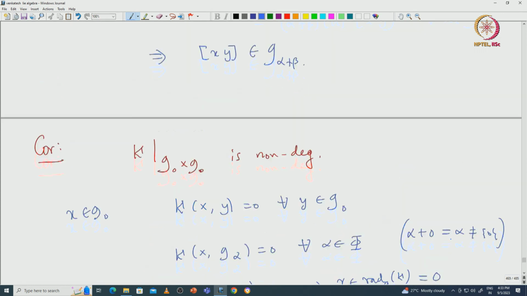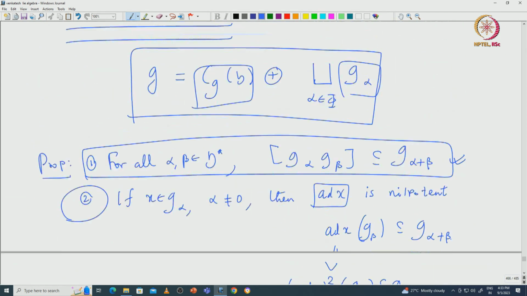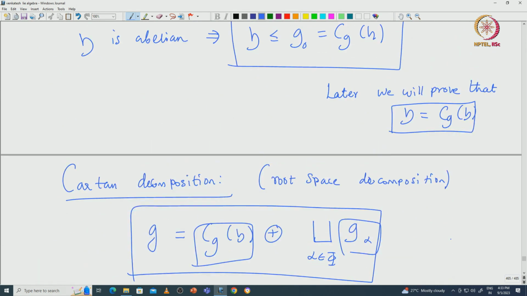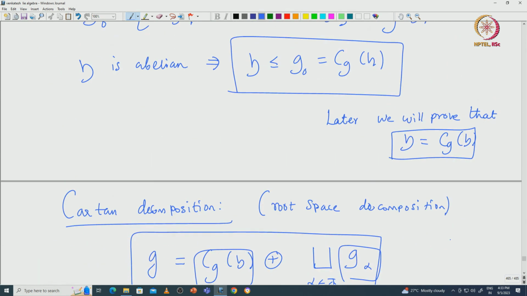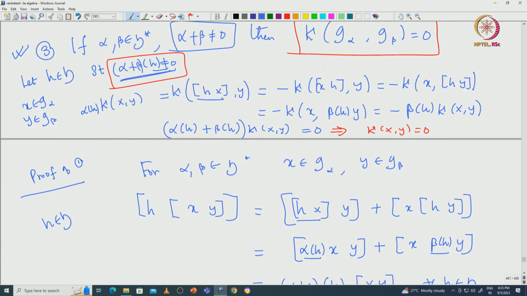So if we prove g naught is the same as h, we indeed prove that kappa restricted to this g naught must be non-degenerate. In some sense that is what we will use in order to prove that h is equal to the centralizer of h in g.